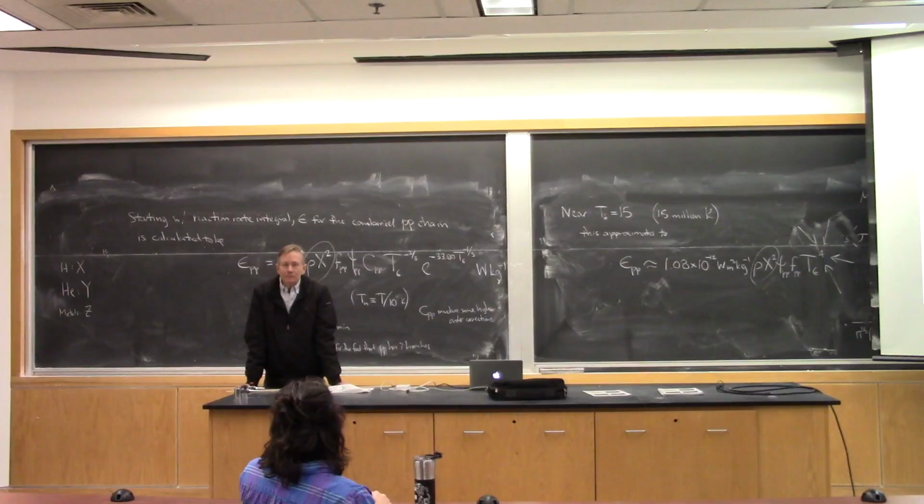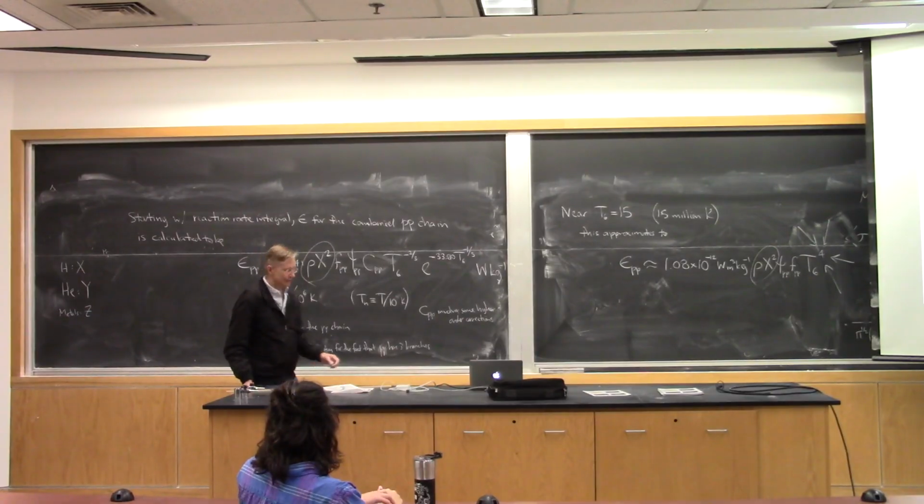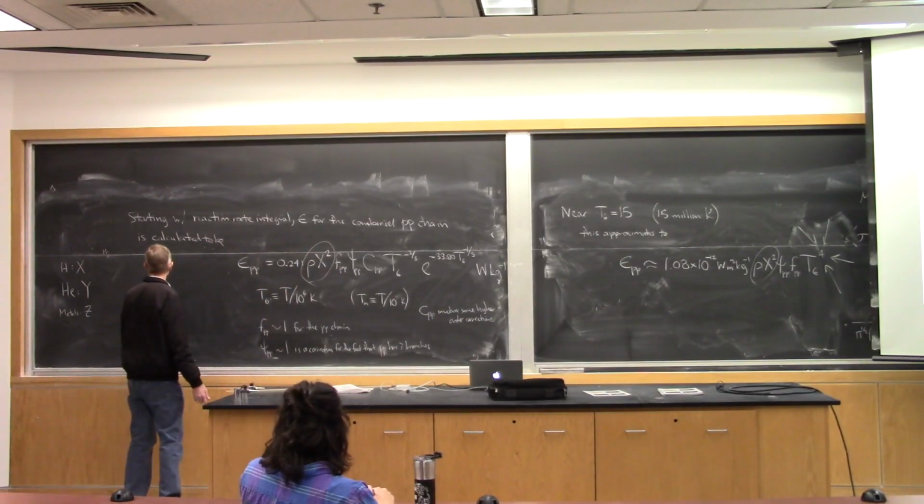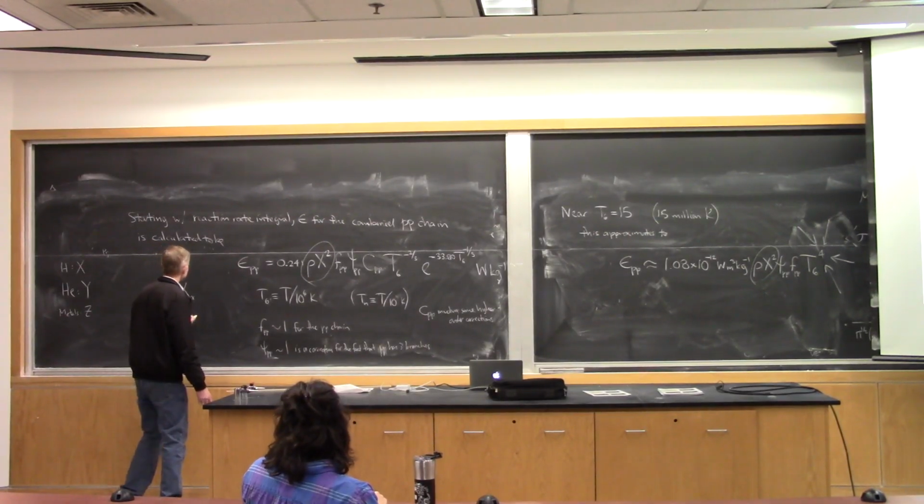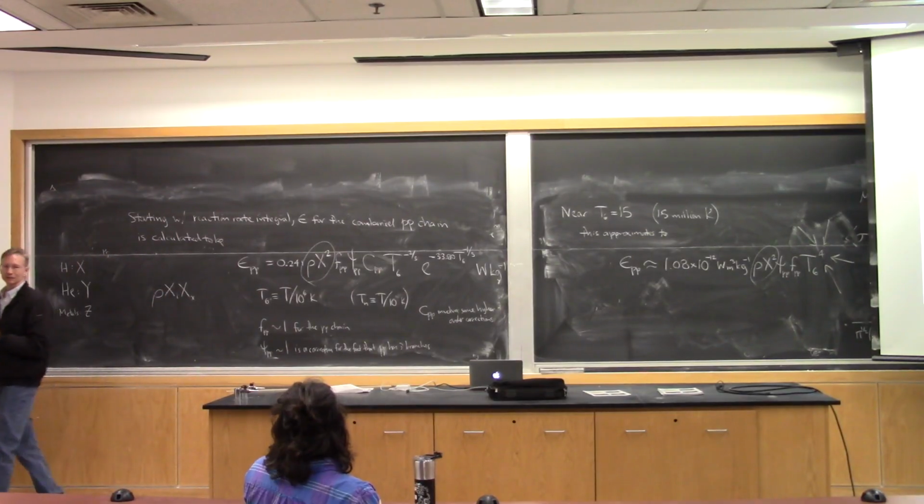This is a capital X with no subscript, so it's the generic capital X. A capital X with no subscript, astronomers say, must be the mass fraction of hydrogen. So it depends on the density times the hydrogen mass fraction squared. Why is it the hydrogen mass fraction squared? Generically, it was rho X sub i, X sub x, when species i and x are fusing.